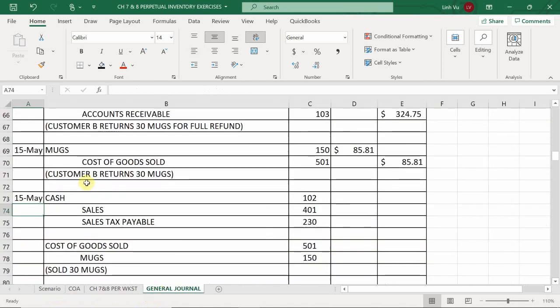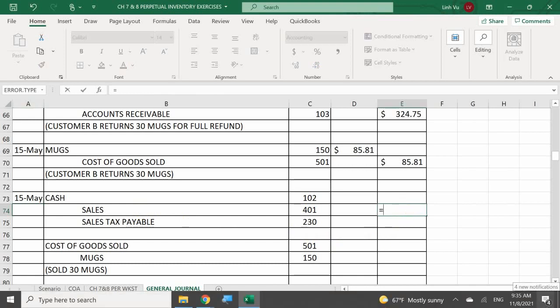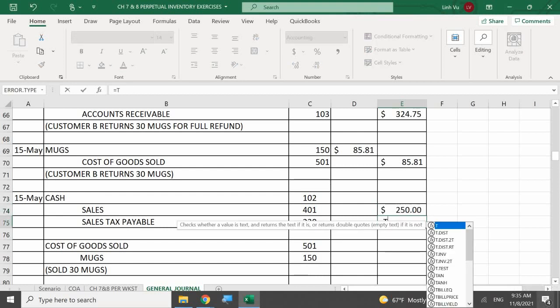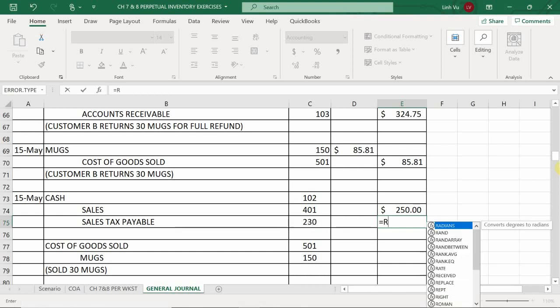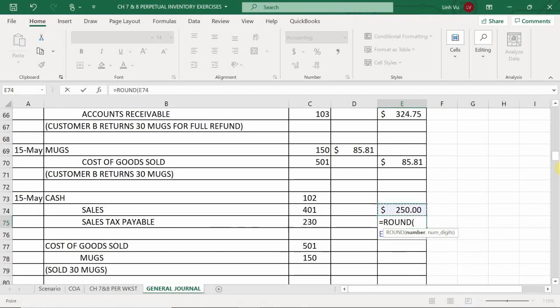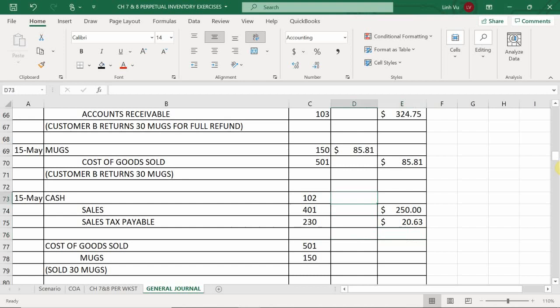So how much is my total sales? $250. Okay, how much tax did I charge on top of that? Or how much sales tax am I collecting? $20.63. So therefore, how much is my grand total cash I'm going to be receiving?